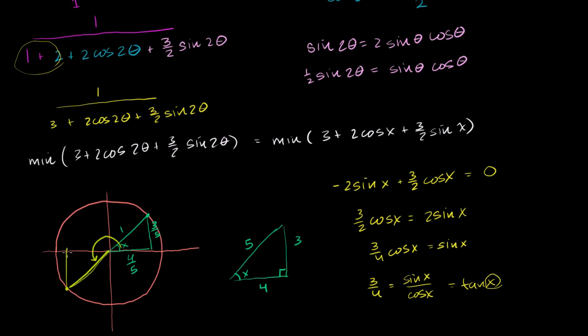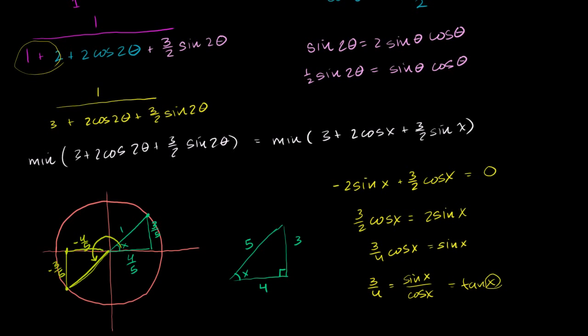So over here, the x-coordinate, or the cosine, is going to be negative 4/5, and the sine value, or the y value, is going to be negative 3/5. And this will give us a minimum point, because here both the sine and the cosine are negative.